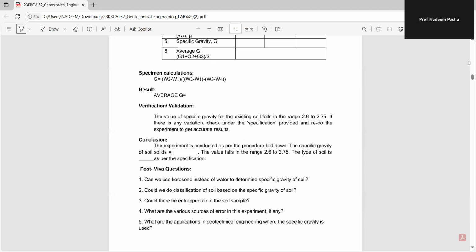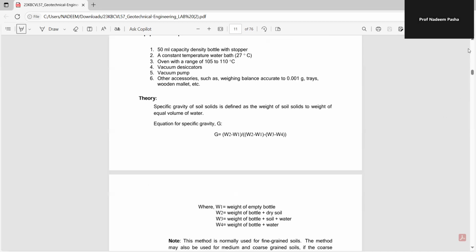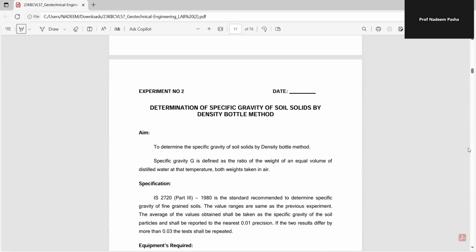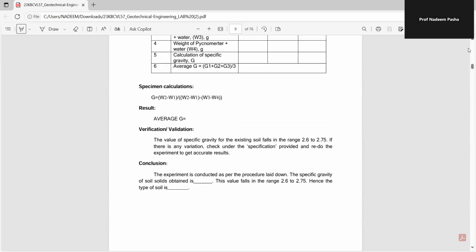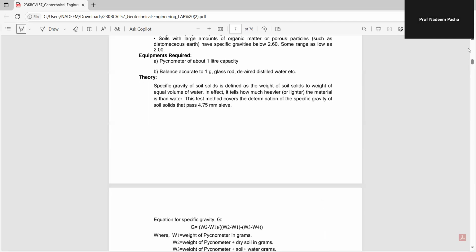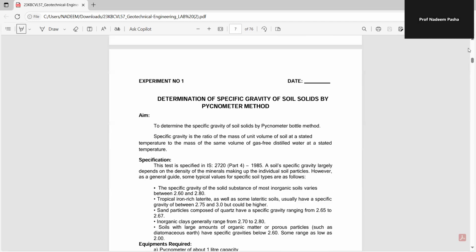It is nothing but the ratio of the weight of soil solids to the weight of the same volume of water. So once you get the specific gravity, you will be able to know which type of soil it is.